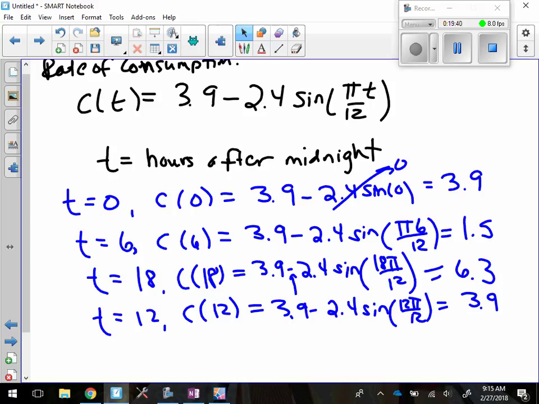All right, so remember, what's this equation measuring? So this is a rate. It's the rate of consumption. And actually, what are the units going to be for the rate of consumption?